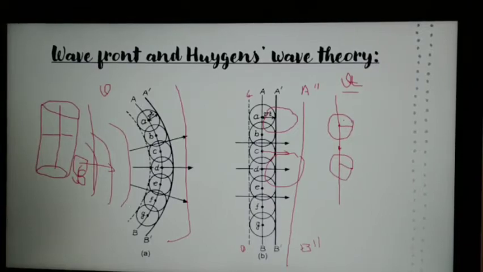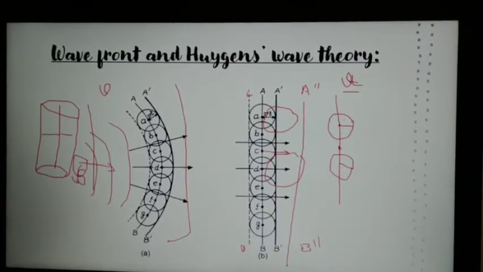Huygens wave theory says that every point in a primary wavefront can act as a secondary source. Secondary sources provide secondary wavelets. Secondary wavelets travel with the same velocity as the original wave, and the tangent to the secondary wavelets provides the secondary wavefront. Those are the three postulates of Huygens wave theory.